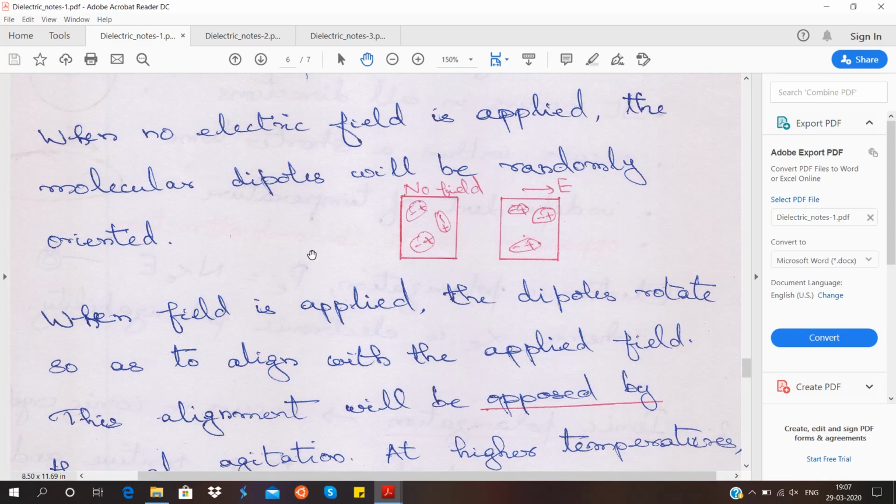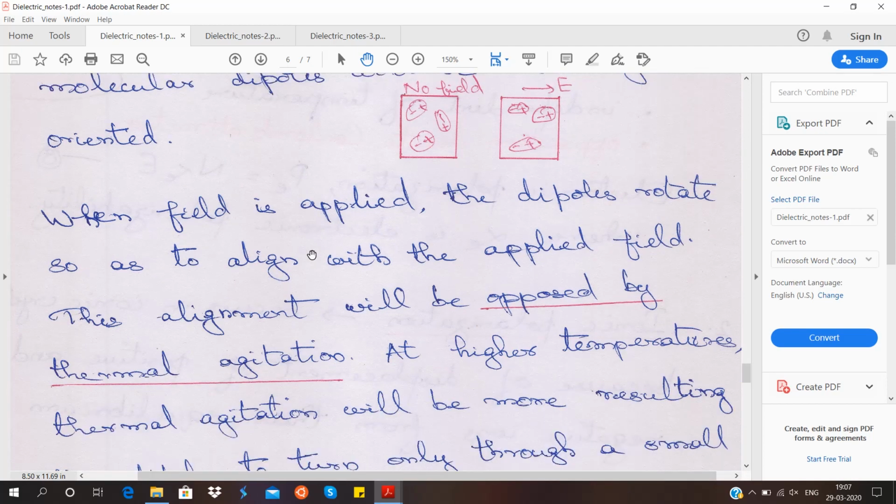Now, in the previous cases, let's consider both, that's ionic and electronic polarization, we did have some force of attraction, that's the ionic bonding force or the Coulomb force of attraction, opposing the polarization. So here what we saw is a rotation of the dipoles, the polar molecules, which is going to result in the orientation polarization.